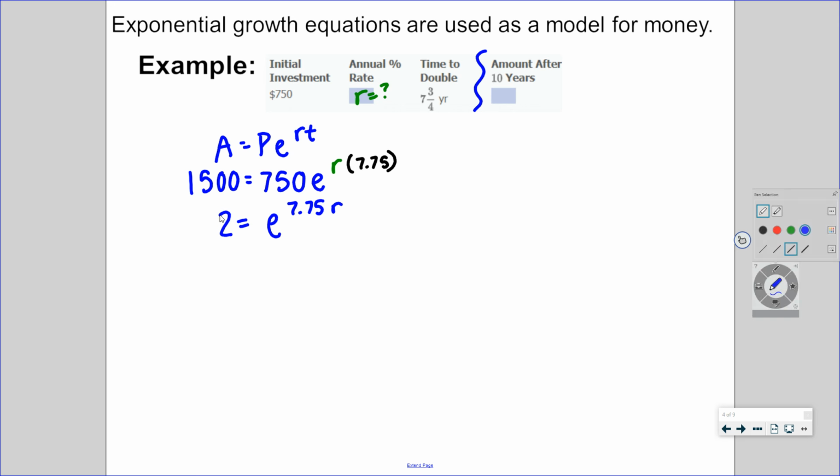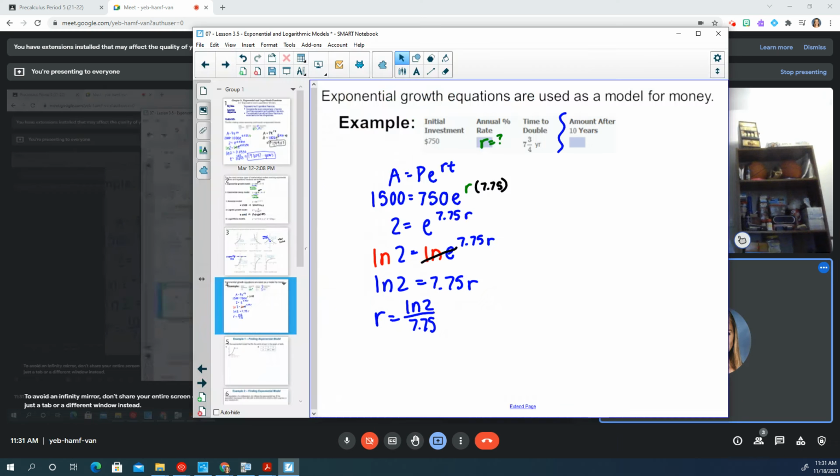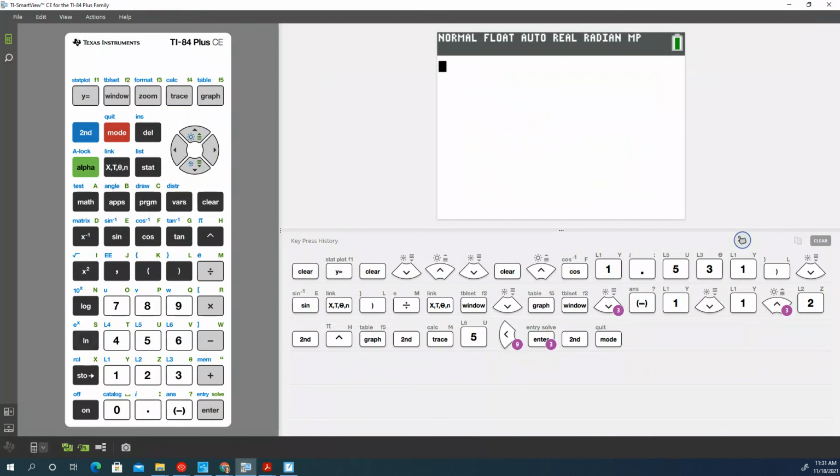Natural log of both sides. All right, divide both sides by 7.75. Let's do that.